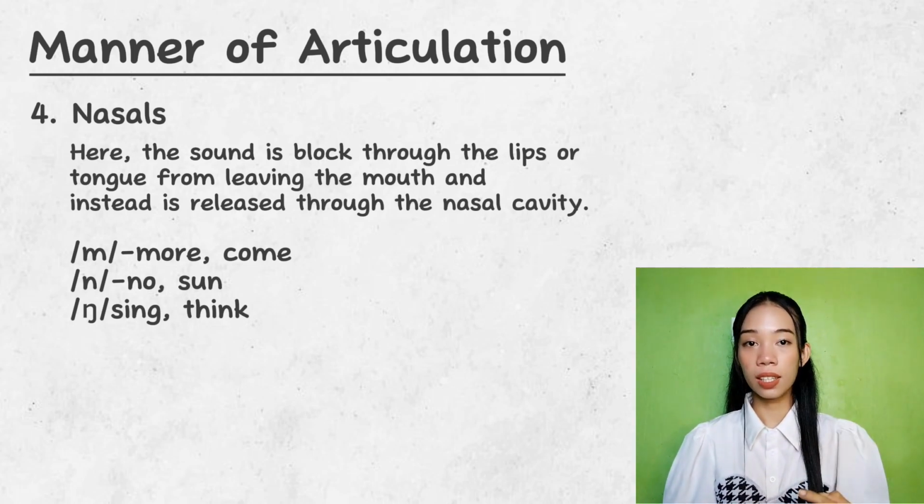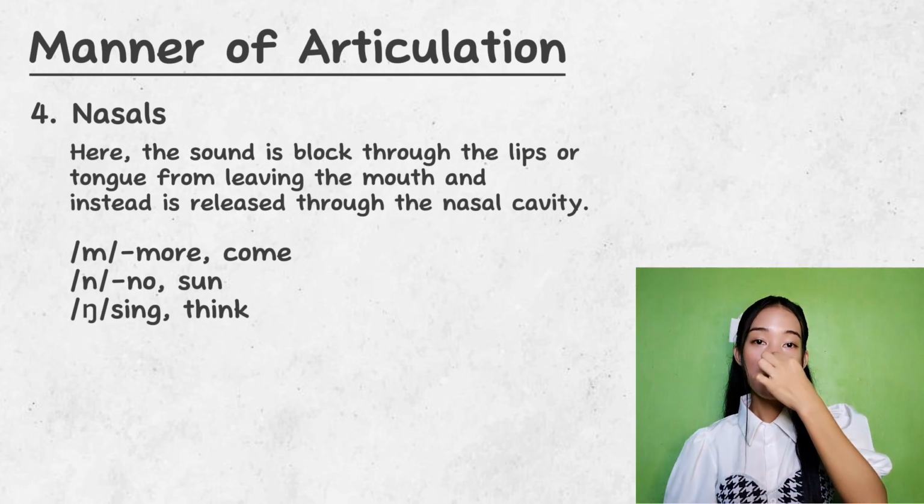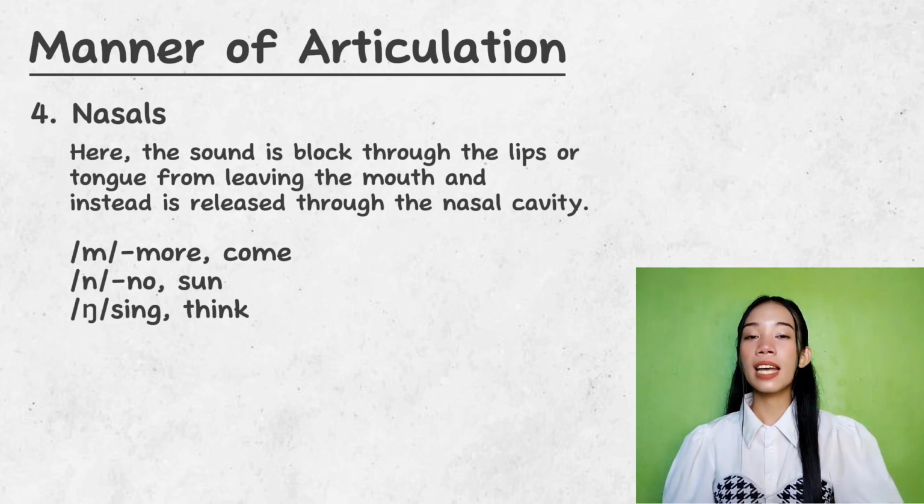I've given you a couple of example words, but just before we have a look at them, to demonstrate that the air is released through the nose and not the mouth. If I say m and I pinch my nose, see what happens. The sound stops because it cannot really escape anymore. Alright?